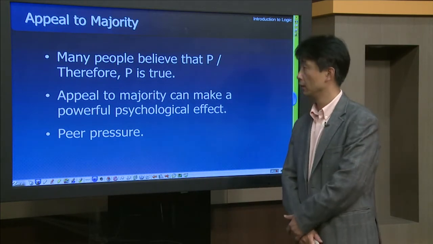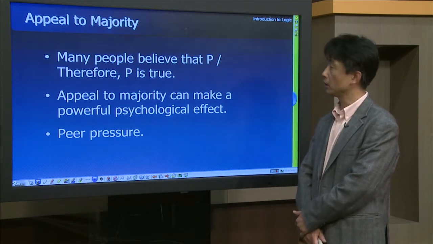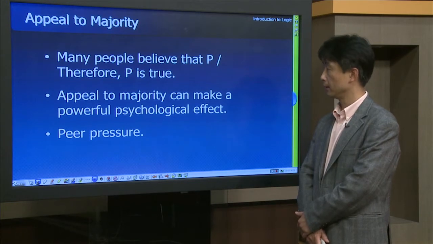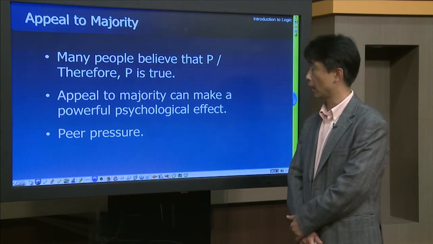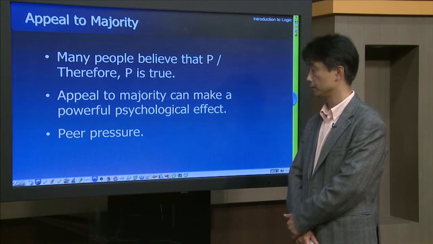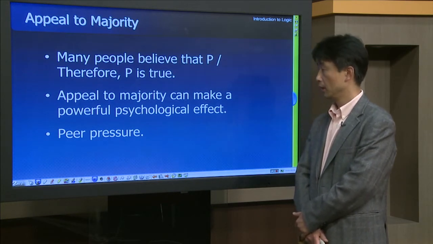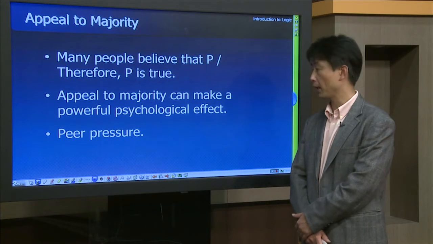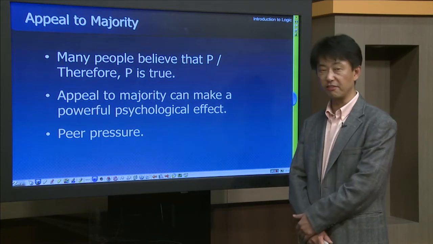Next fallacy is appeal to majority. It goes like this: many people believe that P, therefore P is true. Appeal to majority can make a powerful psychological effect.